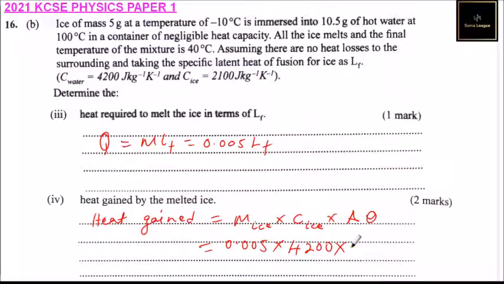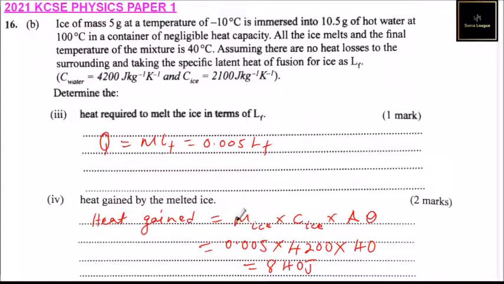The temperature changed from 0, that is the melting point, to 40, so you multiply by 40. When you do that, you get 840 joules. So that is the heat gained by the melted ice.